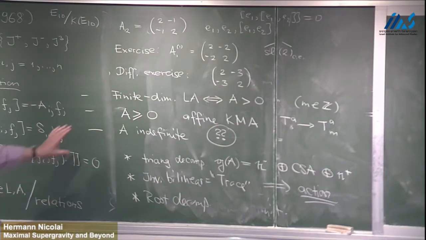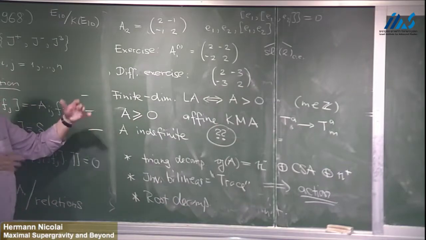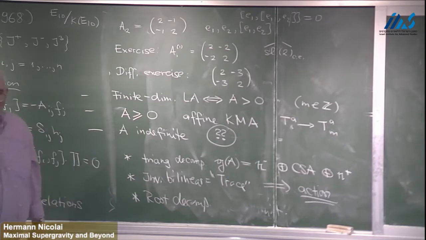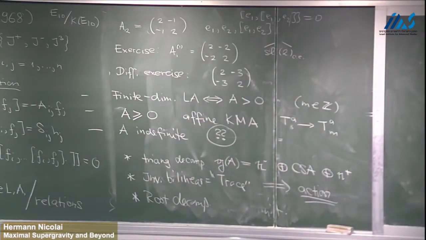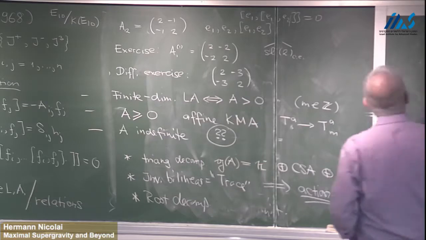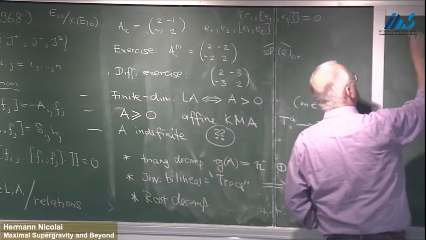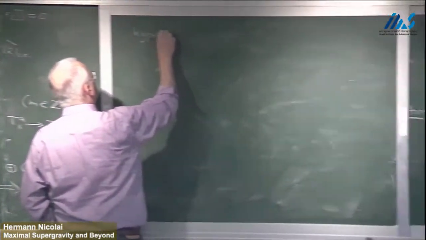But otherwise, this is also classified. But here, it's just like opening Pandora's box, because now you can write down any Cartan matrices, if you allow them to become indefinite, and therefore one introduces a further criterion.